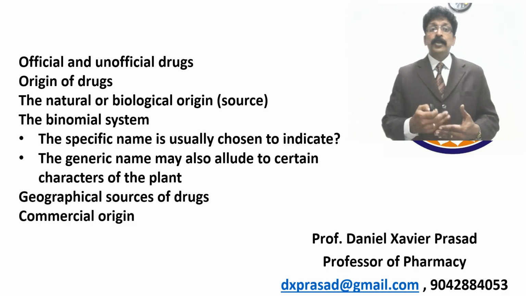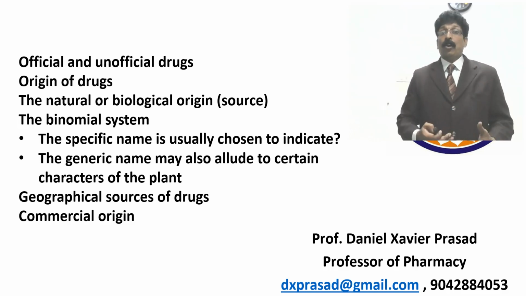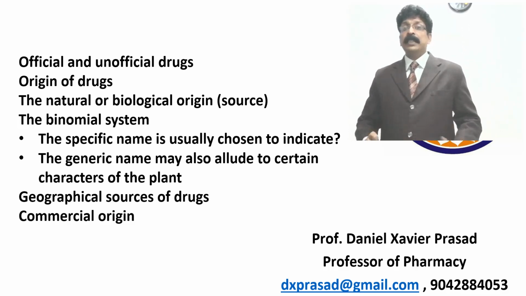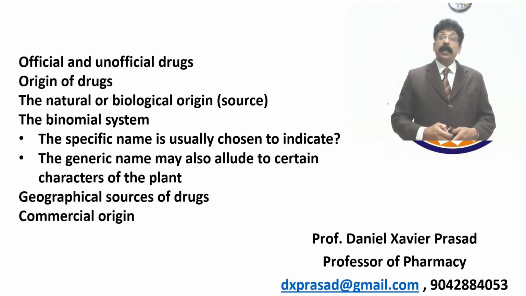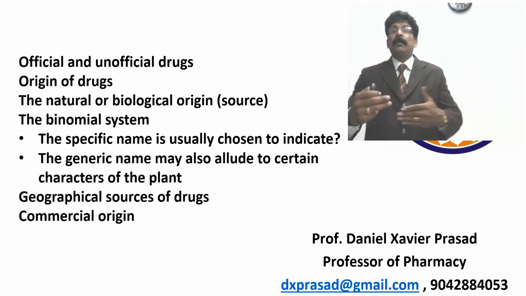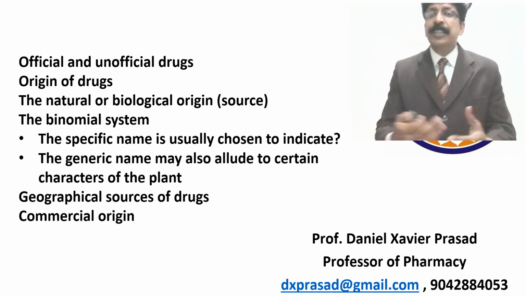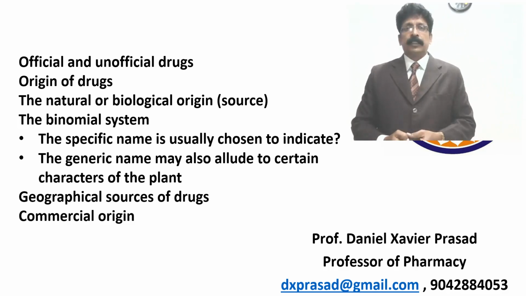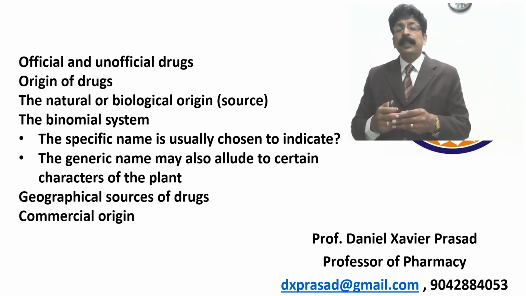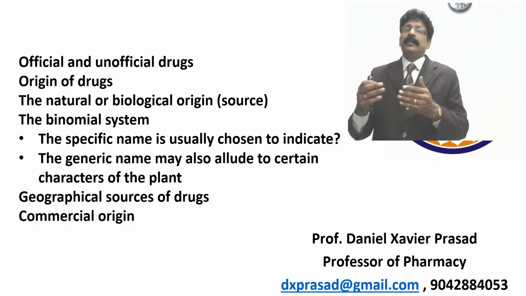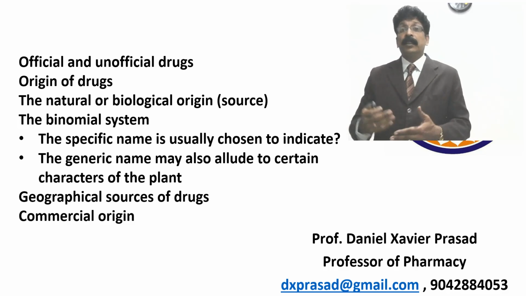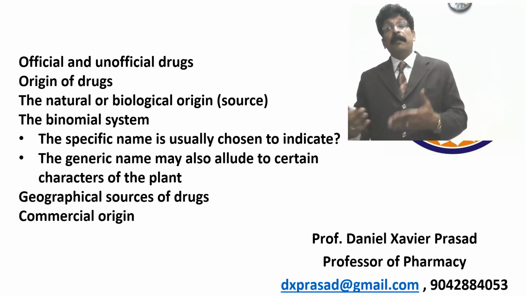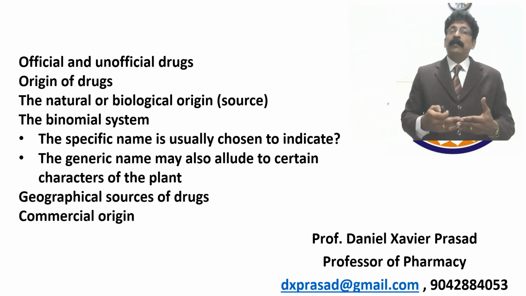So the commercial origin also plays a major role in detailing the small definitions for our students. So listen carefully, read and prepare your notes and make yourself comfortable before examination.